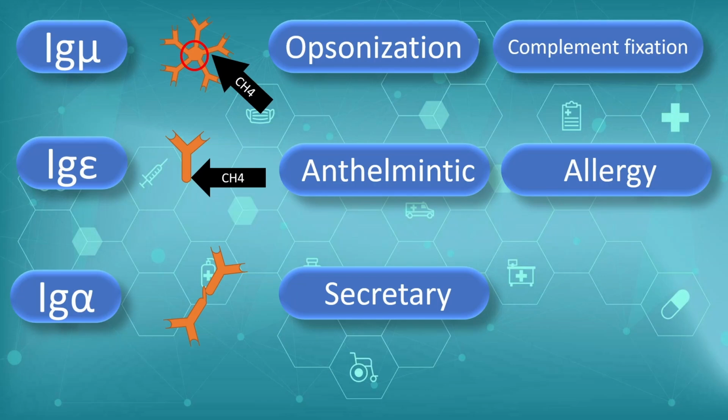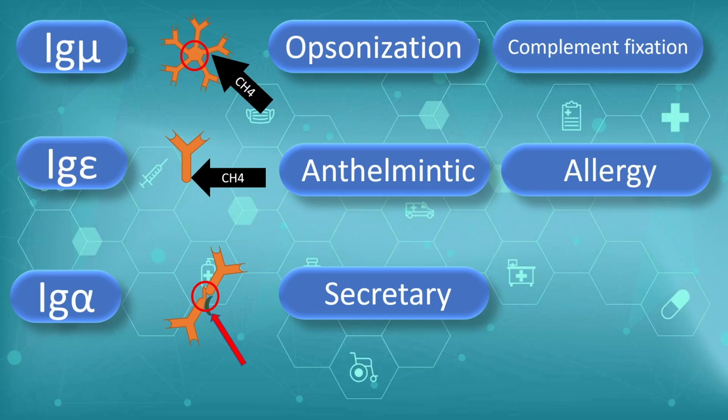It is resistant to enzymes in the mucous membrane, and it can be secreted into mucous membranes due to its interaction with the secretory piece. It also has a J-chain since it forms a dimer.